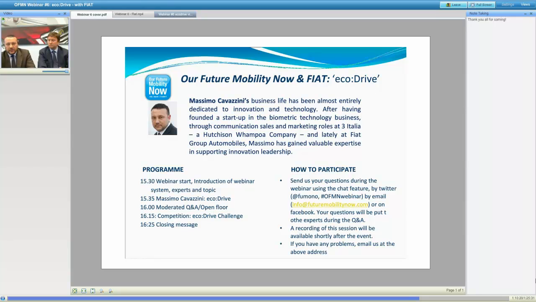In the long term, as Fiat Chrysler, we believe that the EcoDrive application will be a key factor to help the environment and to keep the low CO2 emission. So basically the roadmap is to extend the EcoDrive application to the entire portfolio.